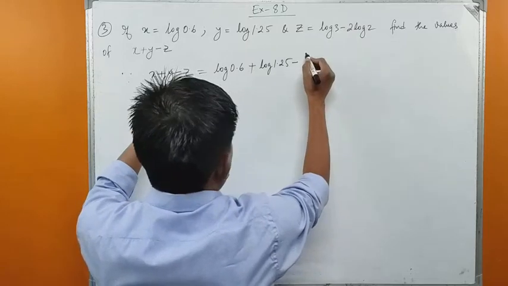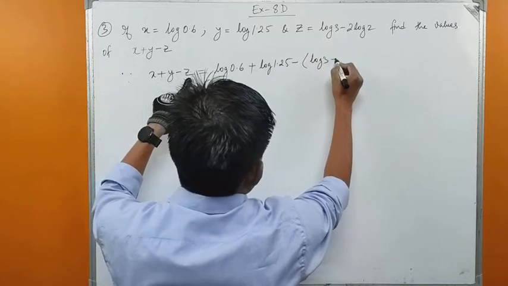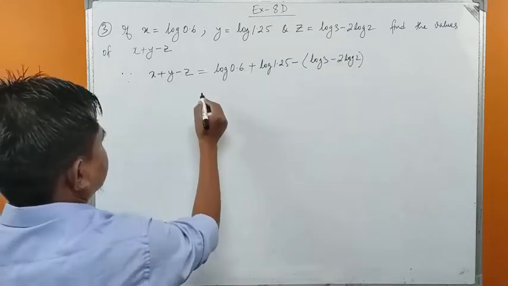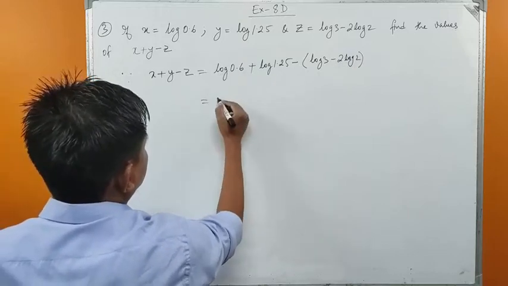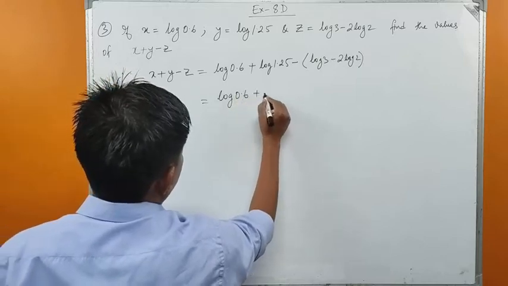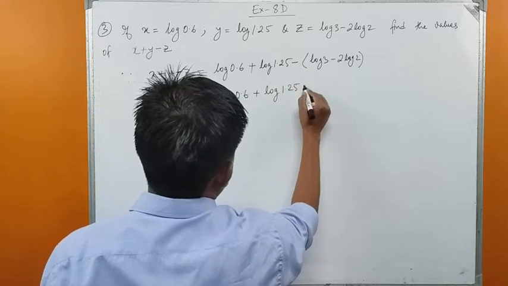So let me put a bracket. Log 3 minus 2 log 2. Now log 0.6 we copy as it is, log 0.6 plus log 1.25.